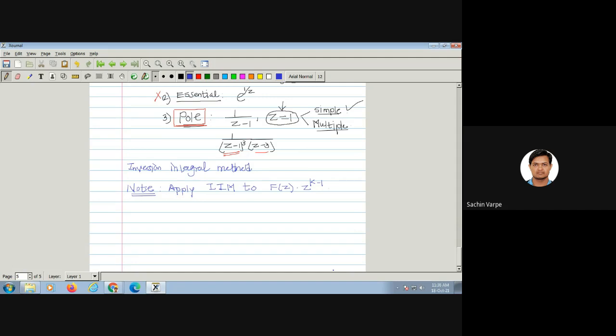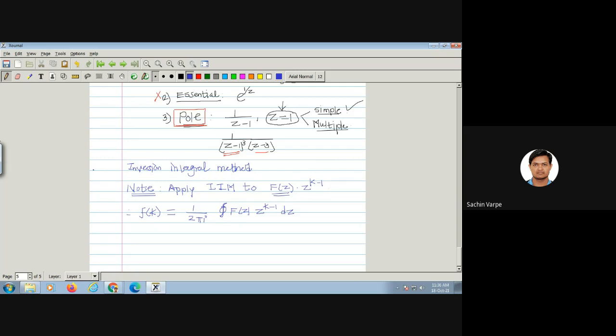So what we do, we have given F(z), we multiply the given F(z) by z raised to k minus 1, and from this the required value of sequence f(k) is nothing but 1 upon 2 pi i times the integral of F(z) z raised to k minus 1 dz, and this is actually the closed integral.